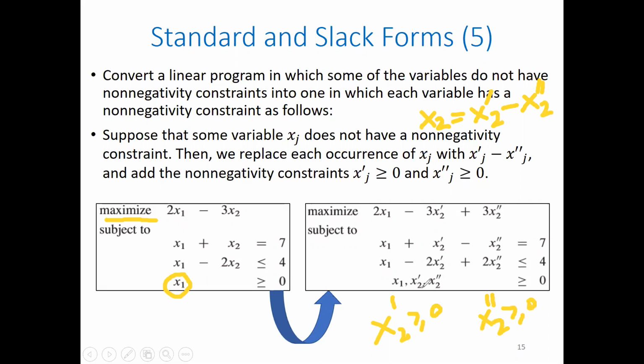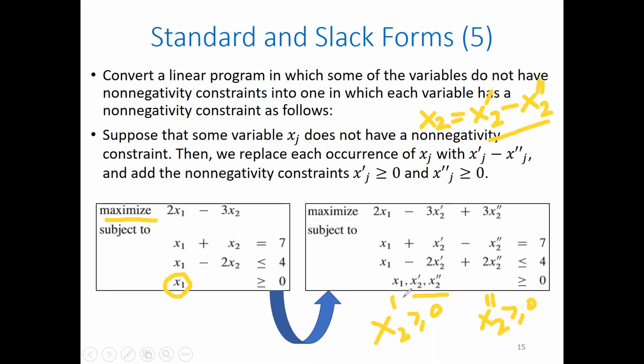I add these 2 new variables and write this constraint. Now I choose these 2 in such a way that their difference will be x2. It doesn't matter now whether x2 is positive or negative. What is important is that these 2 new variables are greater than equal to 0. So wherever I see x2, I replace it with x2 prime minus x2 double prime, and I would get this. Is it clear, guys? Yes, Professor. Okay, good.